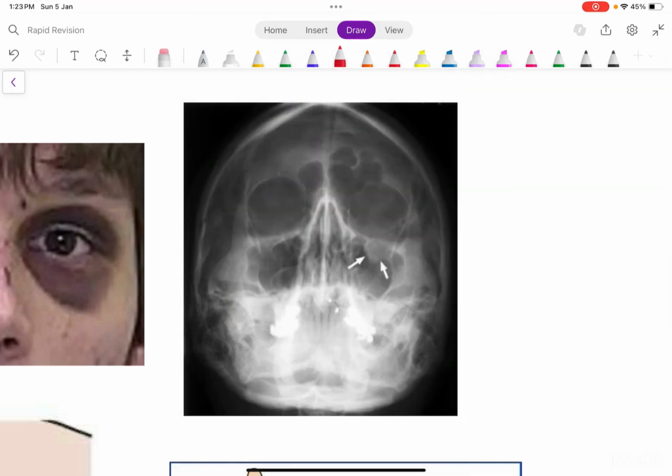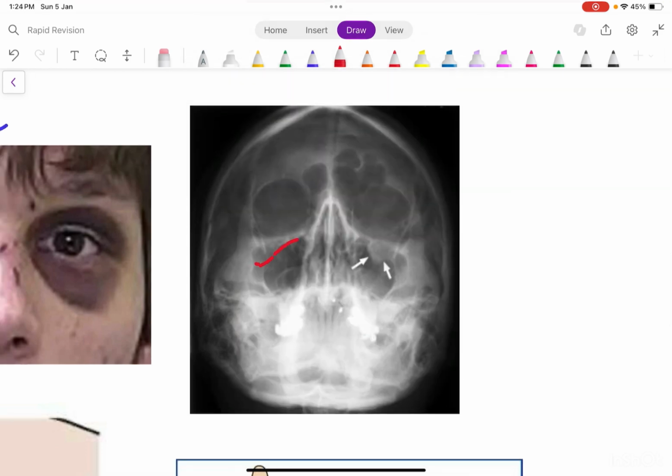Now see this particular photograph. Just focus. Can you see that this is normal? It is going like this. But particularly over here you can see it going like this, the zygomatic bone, the orbital floor basically. But here you will see something like this.